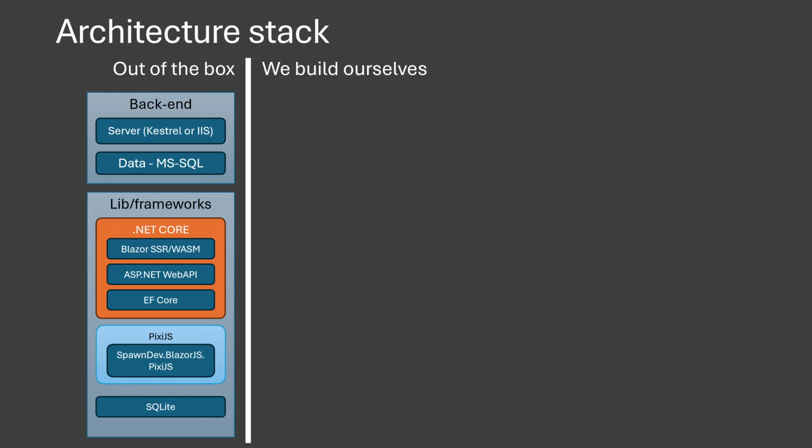Some of it will change, most of it won't, I predict, but I don't know. But as of now, the server is planned as either Kestrel, a pretty straightforward, simple server, or we could use IIS, the older Microsoft web server that is not that widely used, I find, but I've done a few projects with it. I'm quite comfortable with it.